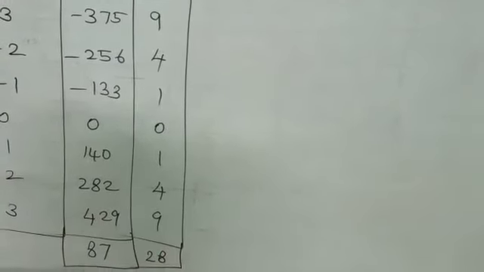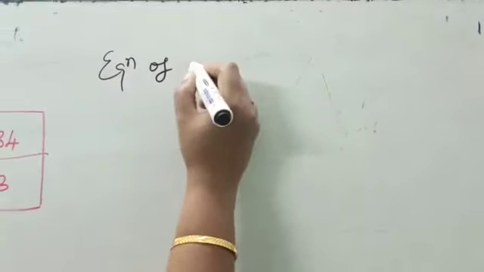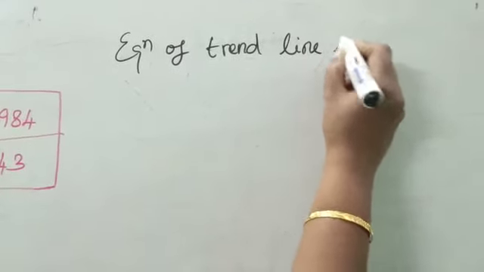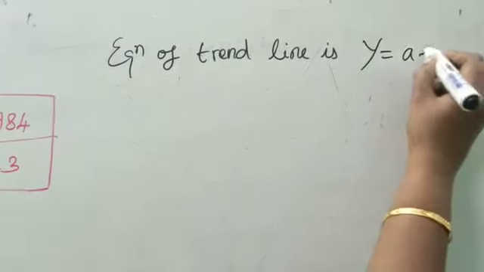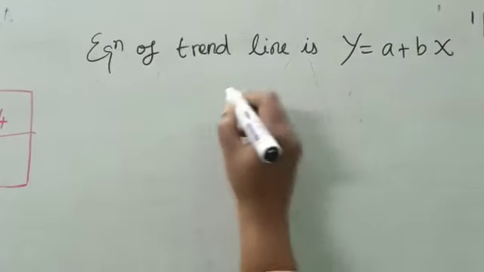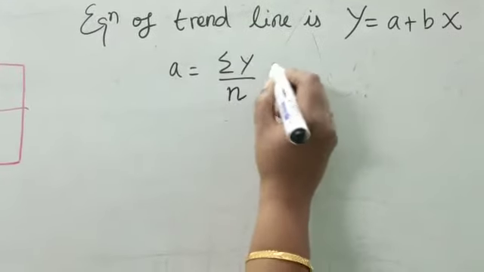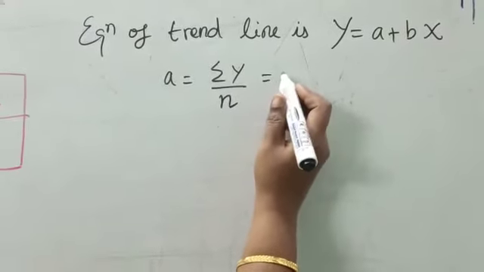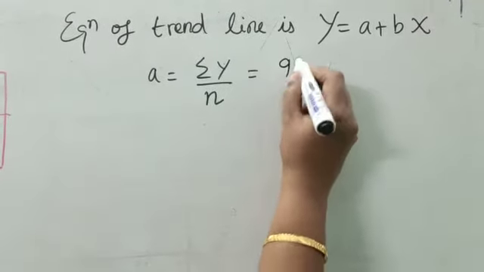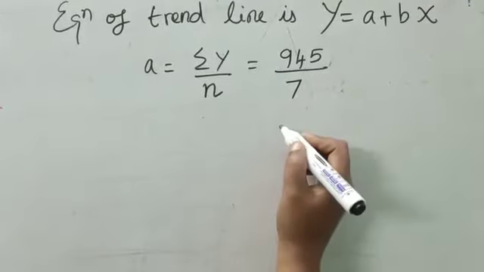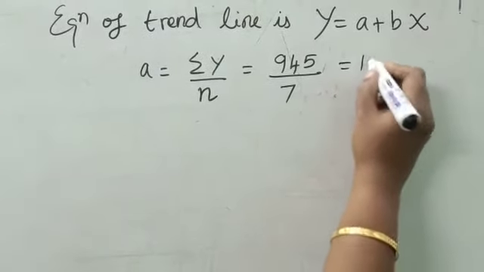Now we are going to find a and b values. Equation of trend line is capital Y equal to a plus b capital X, where a equal to sigma y divided by n. In our problem, sigma y is 945, n is the number of data, that is 7. 945 divided by 7 is 135.